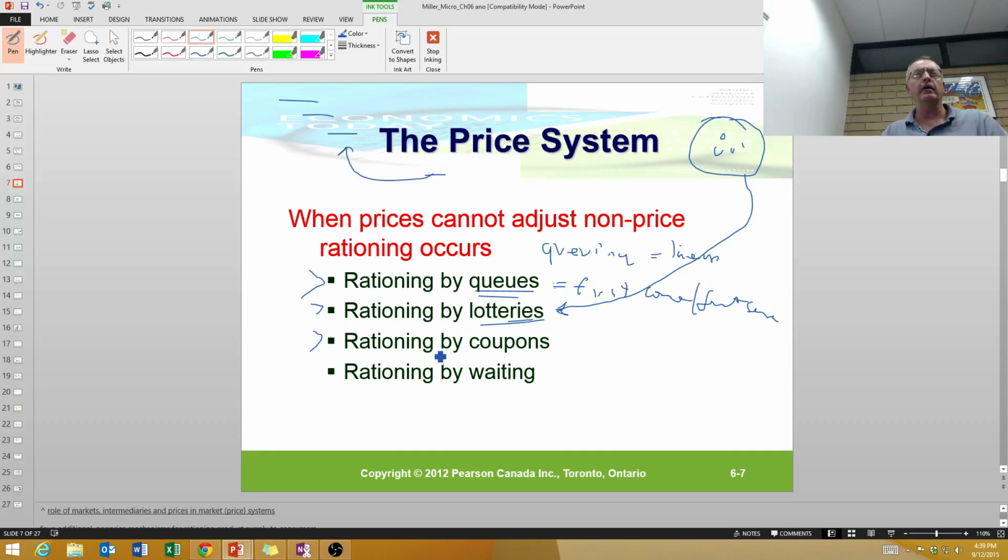Another mechanism, which we don't see in Canada nowadays but have seen in the past, is the use of coupons. For example, during the Second World War in Canada and in a number of other countries, because there was a war effort going on and the government wanted to devote the economy's resources to the production of military goods, they rationed the supply of certain products.